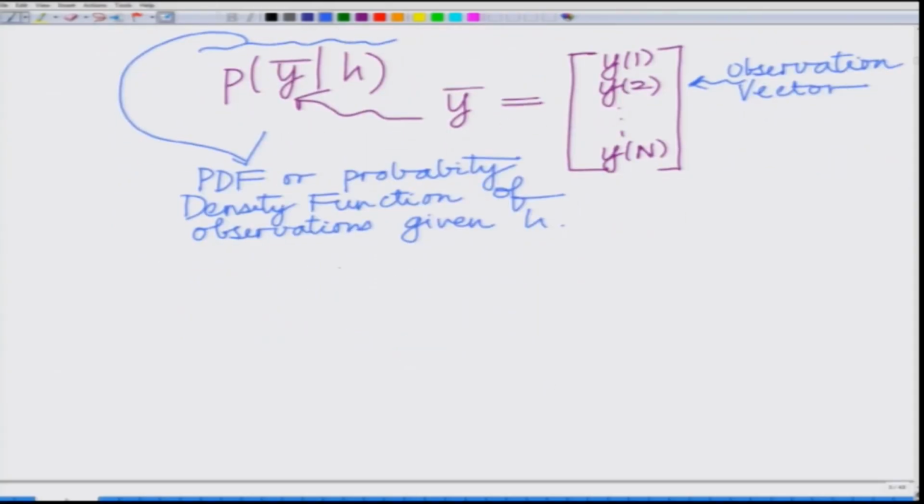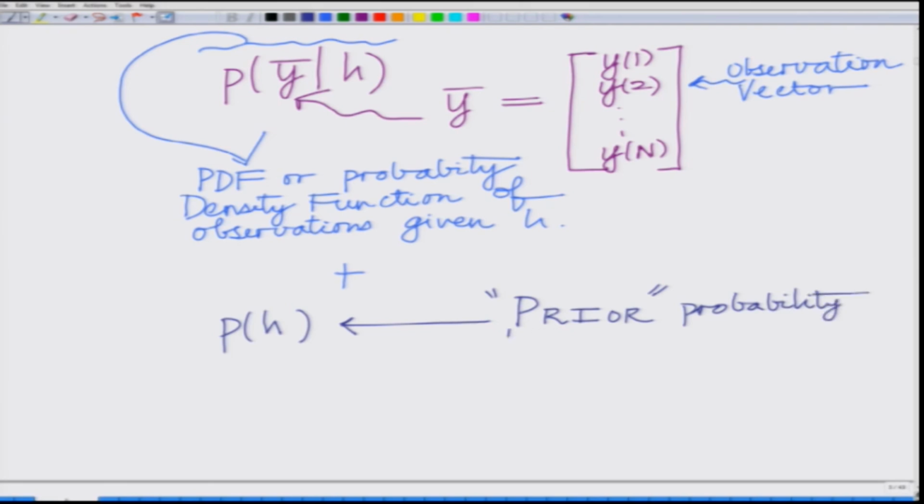So, we need two quantities, one is P of y bar given H, plus another important quantity, which is P of H, the prior. This is the prior probability density function of the parameter H.